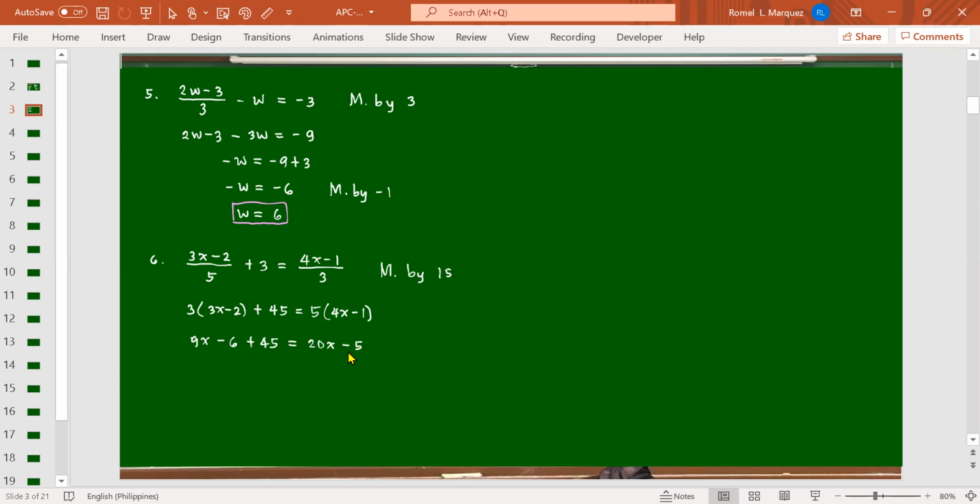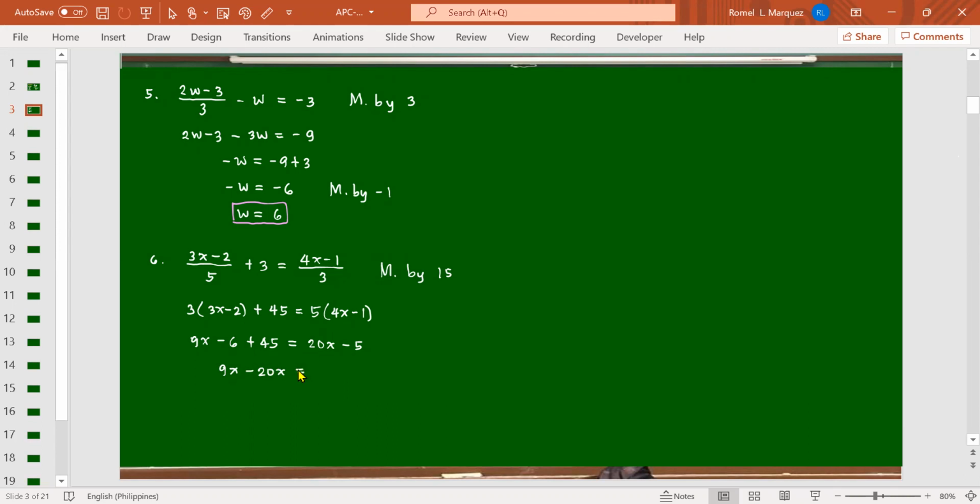So let us collect those terms with variables on the left side, and those constants on the right side. Okay, so getting 9x minus 20x, so that is by adding negative 20x on each side.